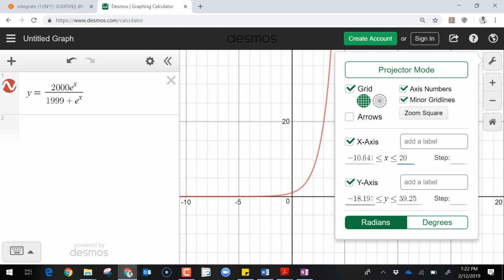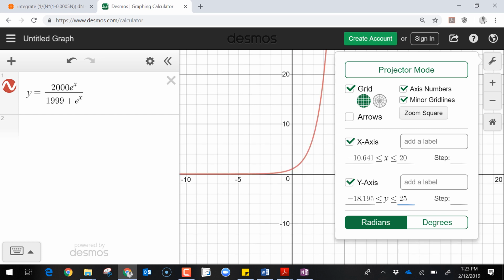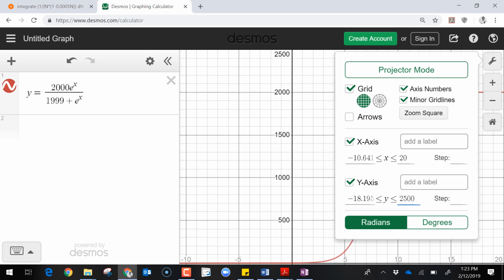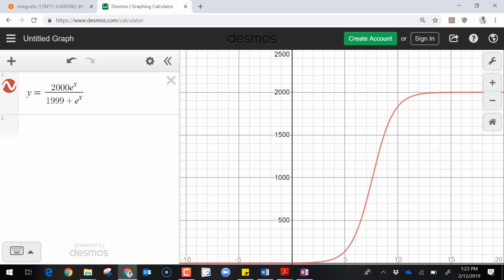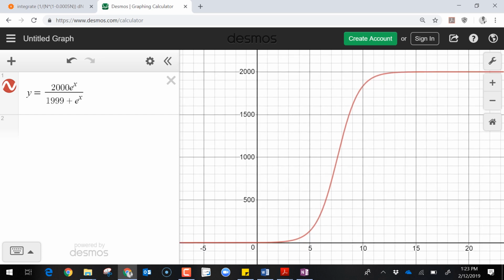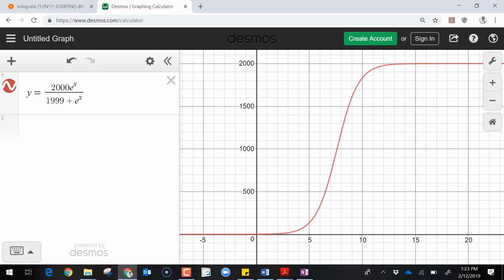More importantly, the y-axis goes up to 2,000, right? That's my ceiling. If I go to 3,000, that's a little too much, so 2,500. That might give me a better idea of how my logistic function looks.